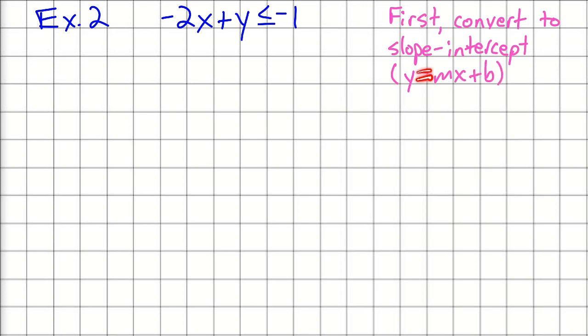Be careful here, it's not really equals, because it's an inequality, but same idea. In order to do that, we add 2x here, and we get y is less than or equal to 2x minus 1.